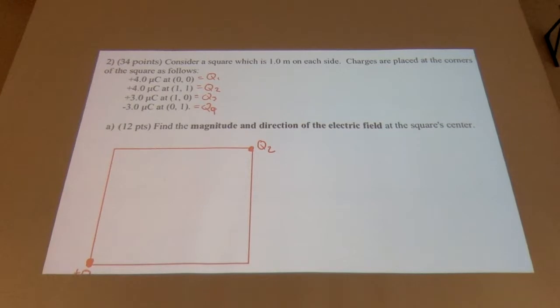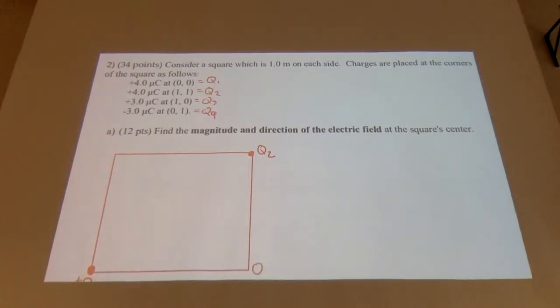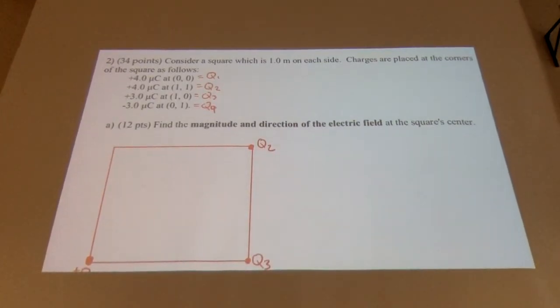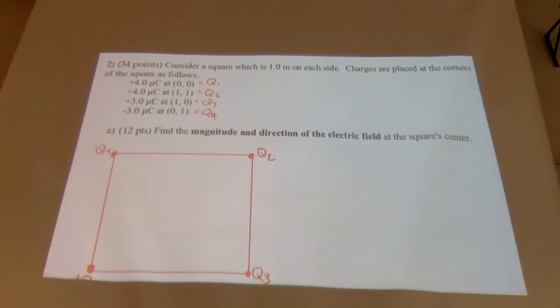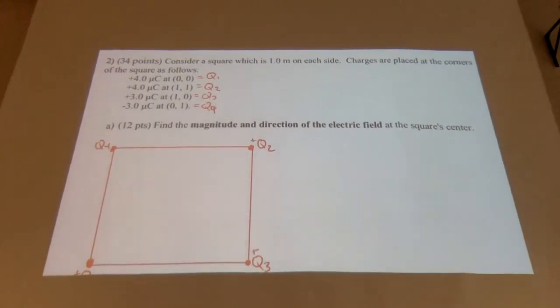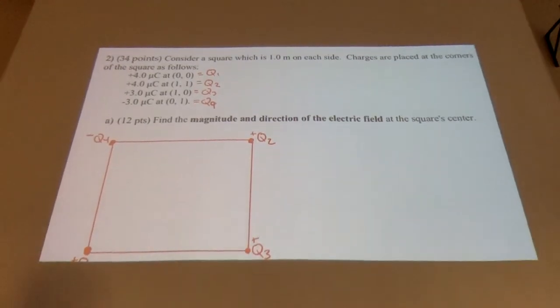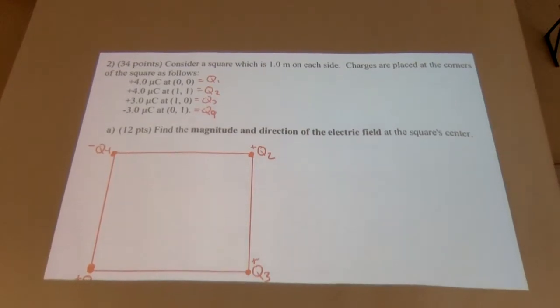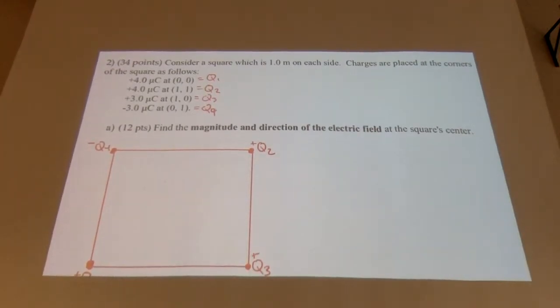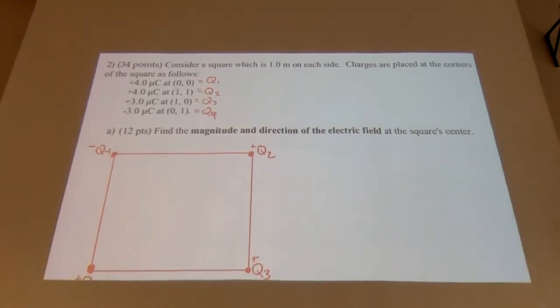And then we've got Q3 down here, and that puts Q4 up there. Q1, 2, and 3 are all positive, and Q4 is negative. So there's the setup.